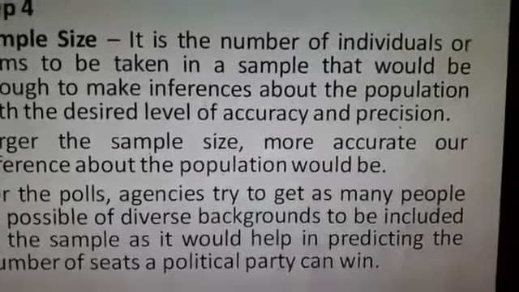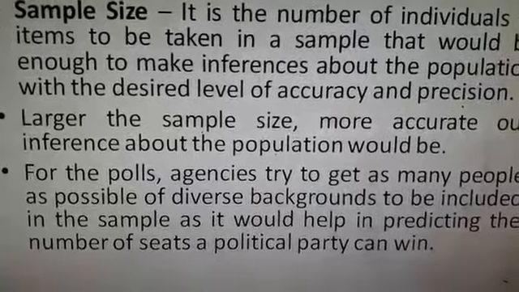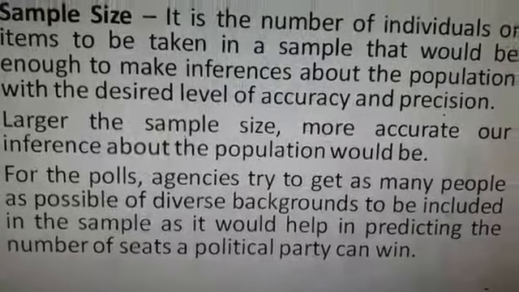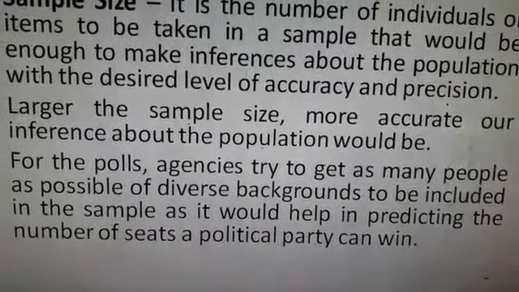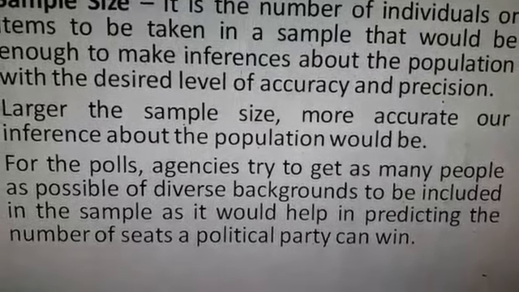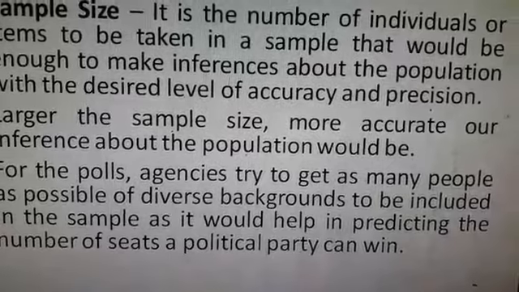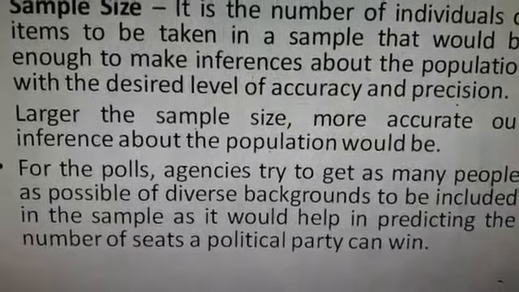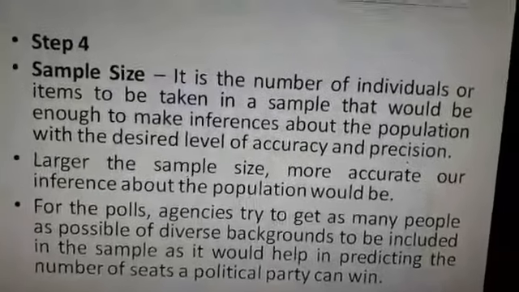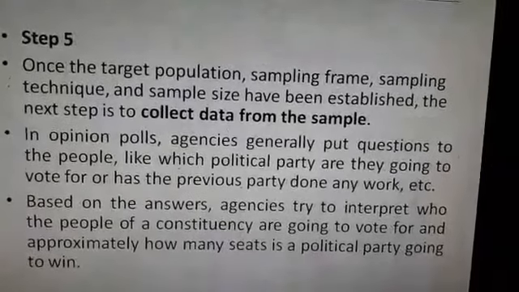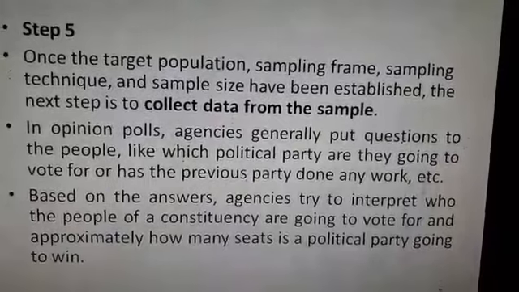The larger the sample size, the more accurate our inference about the population would be. So the polling agency tries to get as many people as possible of diverse backgrounds included in the sample, as it would help in predicting the number of seats a political party can win. These are the different steps we normally follow in a simple sampling process.